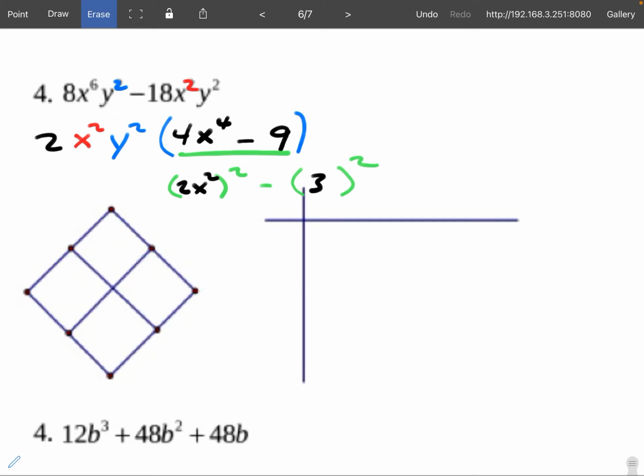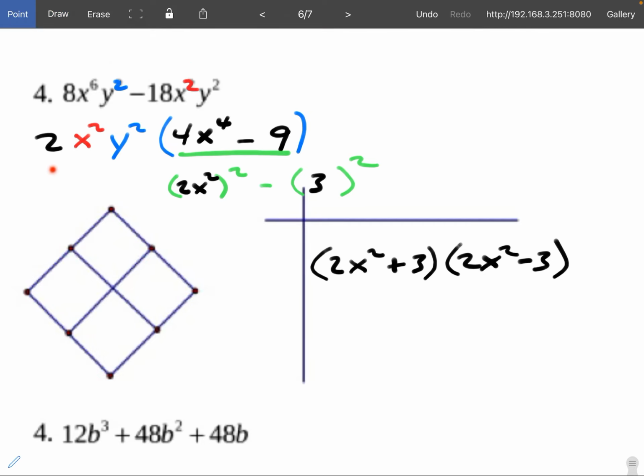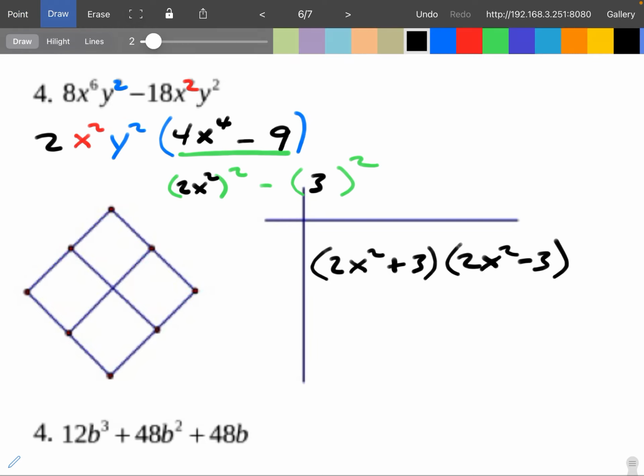All right. So now your final answer on this thing, the difference of 2 squares, when you factor it, is going to be 2x squared plus 3 and 2x squared minus 3. And then don't forget, you still got to bring this greatest common factor that was out in front.